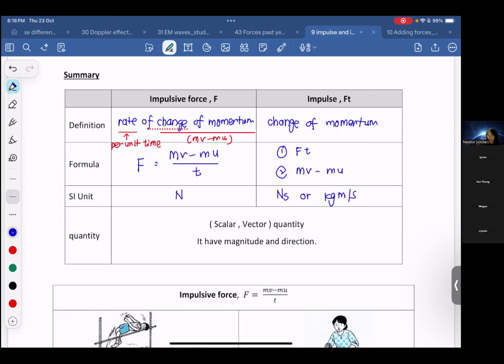Correct, vector quantity, because it has magnitude and direction. Force is a vector. Involved with force, of course, we need to consider the direction. So impulsive force and impulse are both vector quantities.